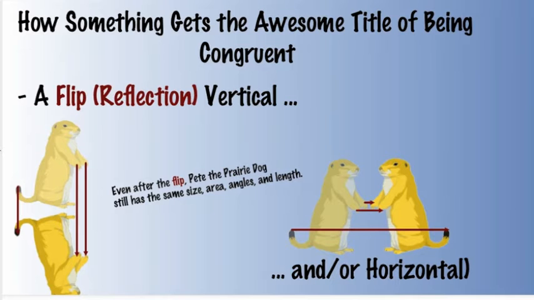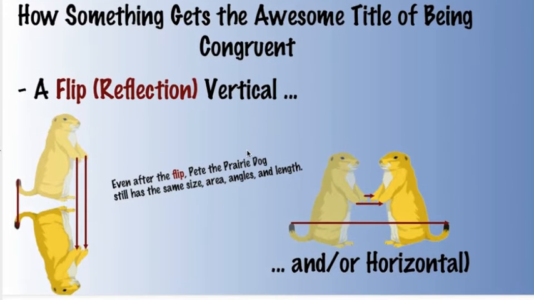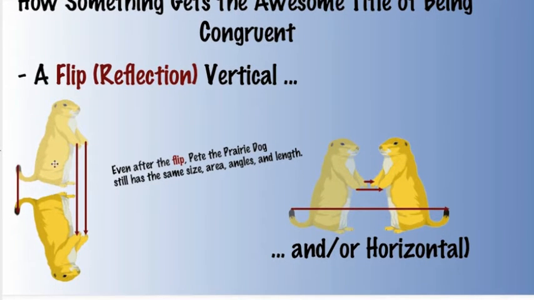Now Pete's going to do some flips or reflections. He can do a vertical reflection, up and down, or a horizontal reflection, side to side. Oh, I see a little bit of symmetry coming up here. It's kind of like there's an invisible line that he's reflecting over.